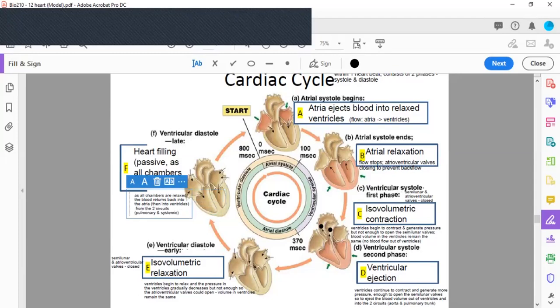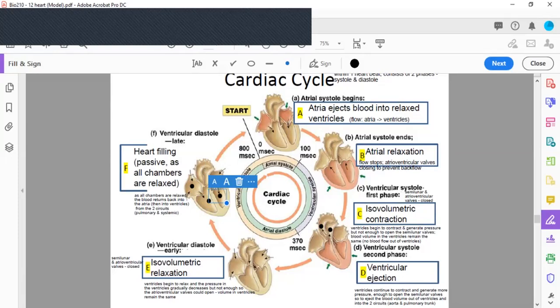So let's look at the letter F. First, since the pressure in the atria and the ventricles is dropping, this allows the blood to go back into the atria from the two circuits and then into the ventricles from the atria.